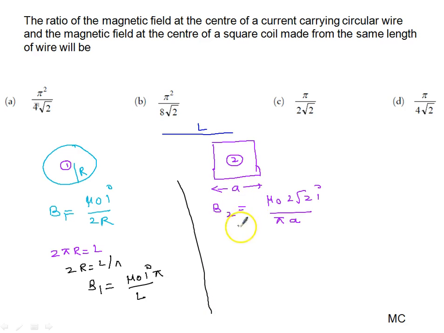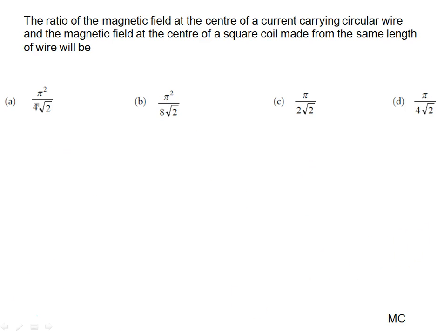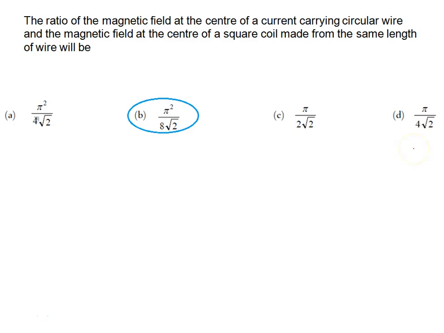Similarly, here what I will say, 4a equal to L. So what is a? a equal to L by 4. So we will put the value of a in this equation and then we will calculate B1 by B2. So I am leaving it as an exercise for you. You please solve it and check the answer in the next slide. I hope you will get this answer.